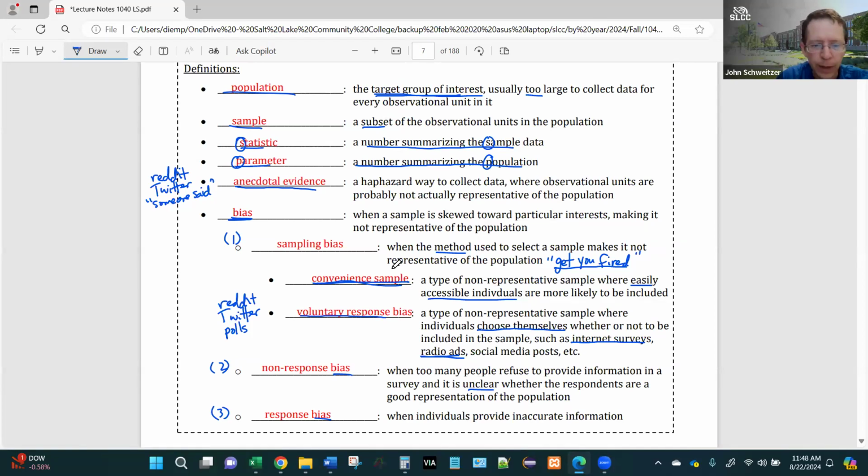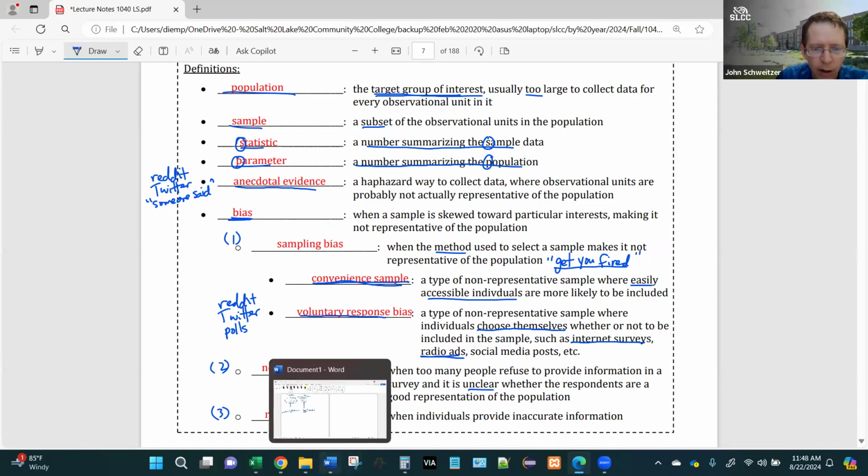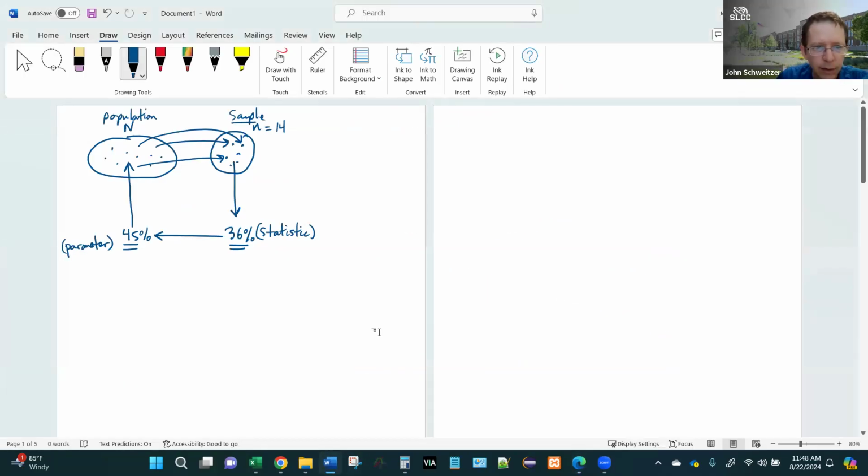Let me give you an example. This would be especially the case for sensitive questions, sensitive topics. So let's say we have our population here, and let's say we're doing research about substance abuse.